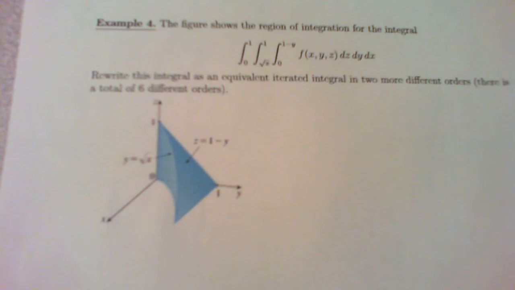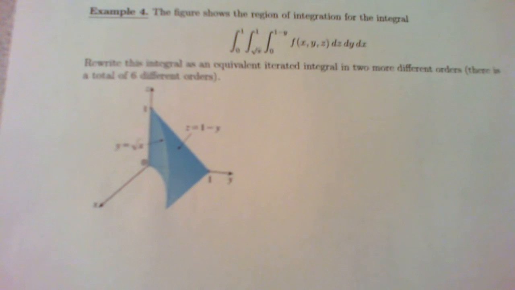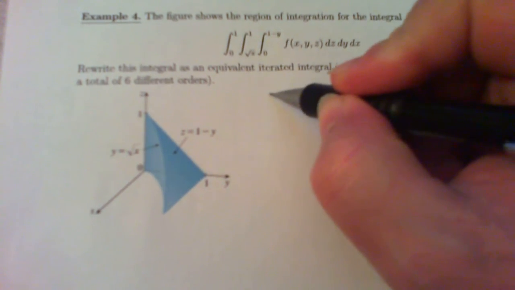Like it said, there's a total of 6 different ways you can do this. So let's think about which one we want to do first. Maybe the easiest one is to leave z alone and mess with x and y. So that's method one.